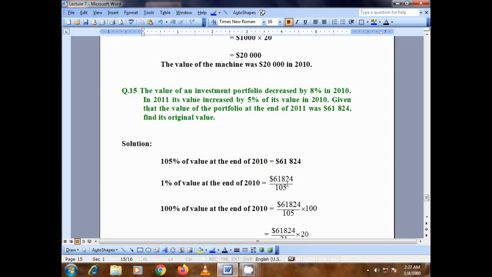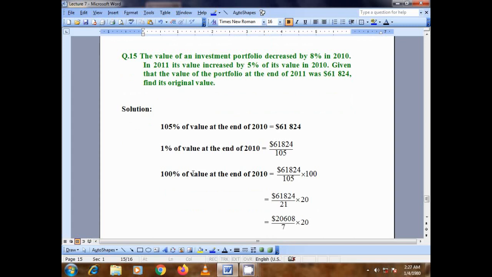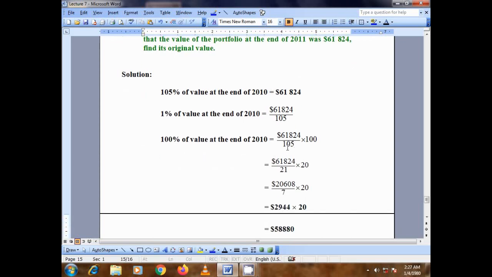Now let's find 1% of the value at the end of 2010, and we know that we will divide this $61,824 by 105. And then for the third step, we will find 100% of value at the end of 2010. Then simply we will multiply 100 by this fraction, 61,824 divided by 105, multiplied by 100.